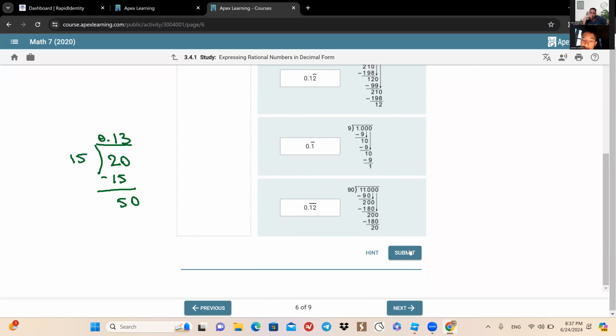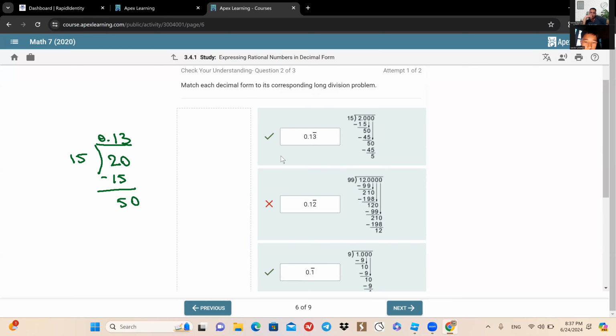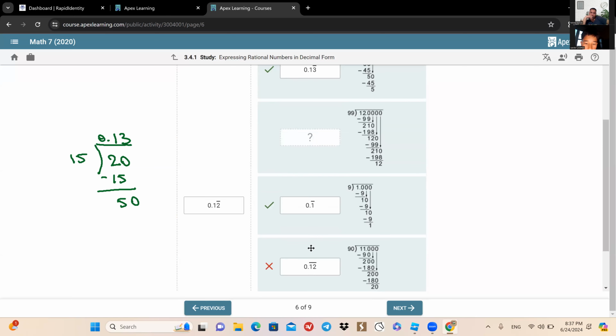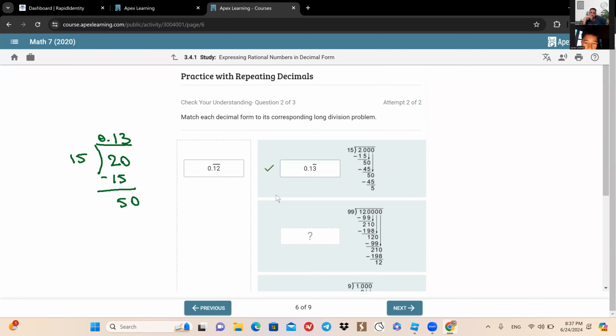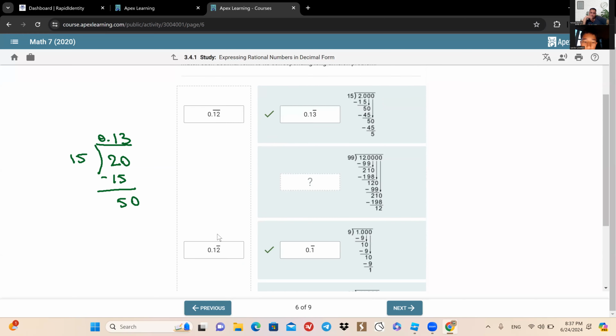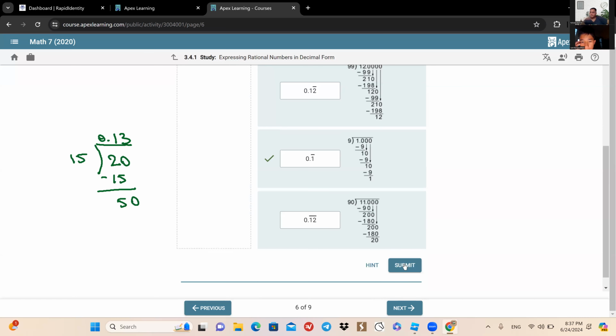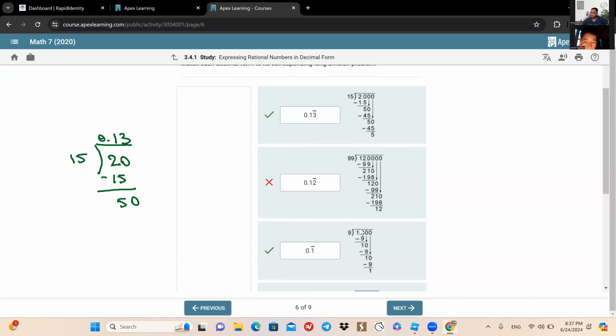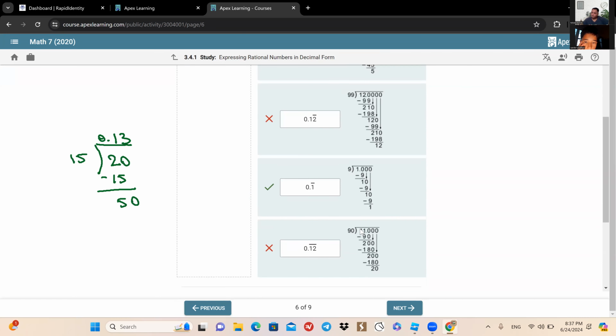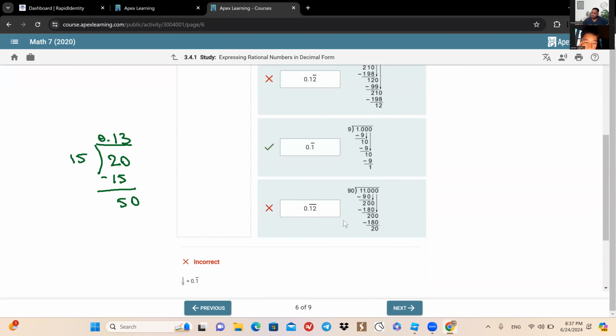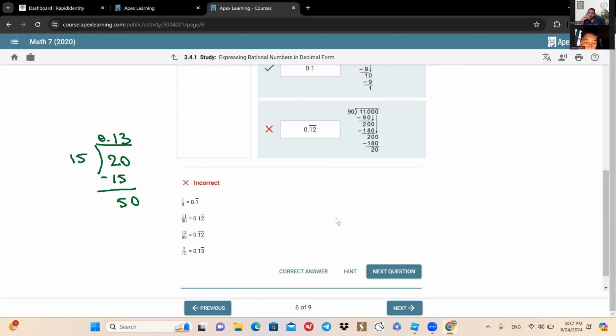I almost clicked next without checking. Oh wait. No, these are... Yeah, I knew I got these confused. This one goes here. I think I might have accidentally moved them back to switch them up. That doesn't make sense.